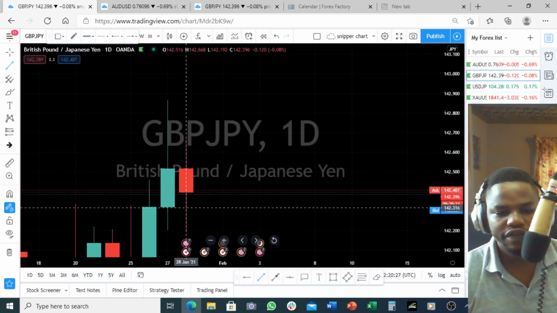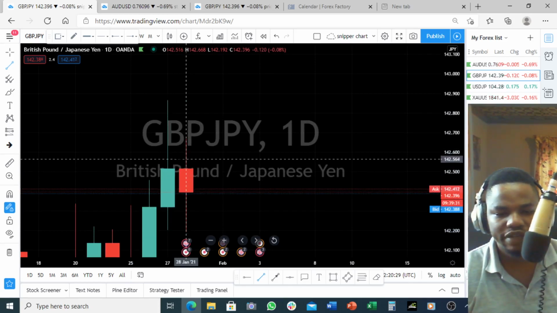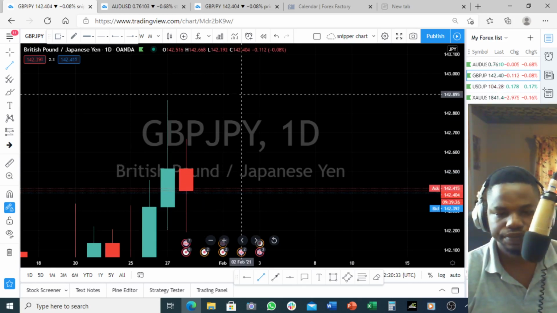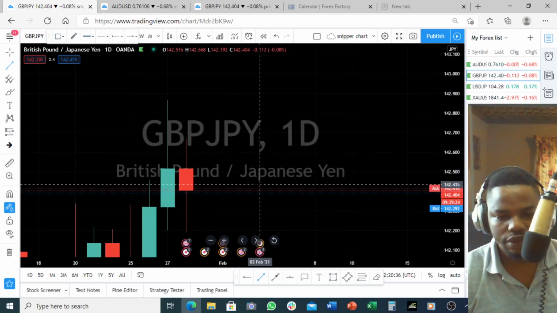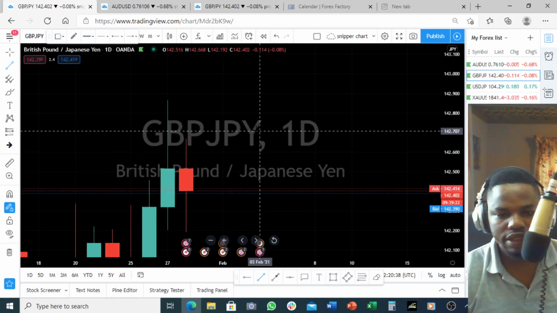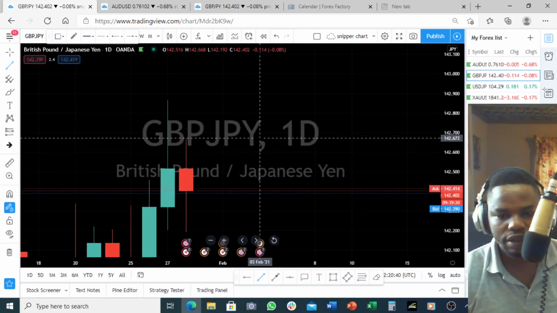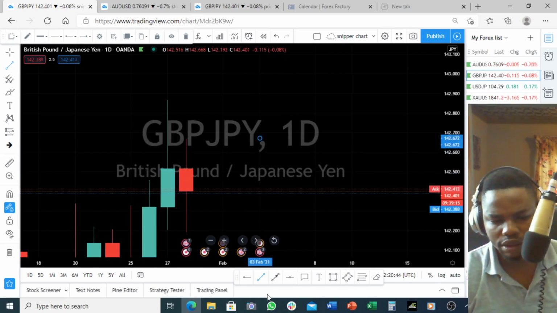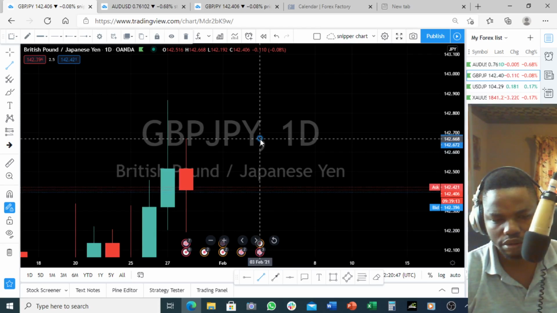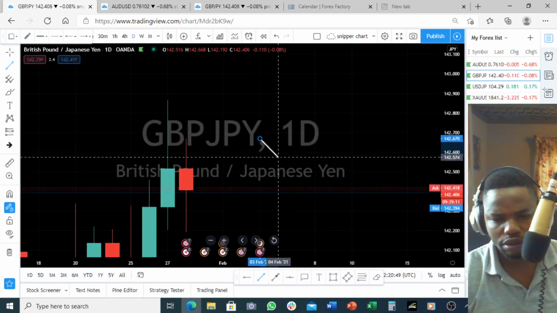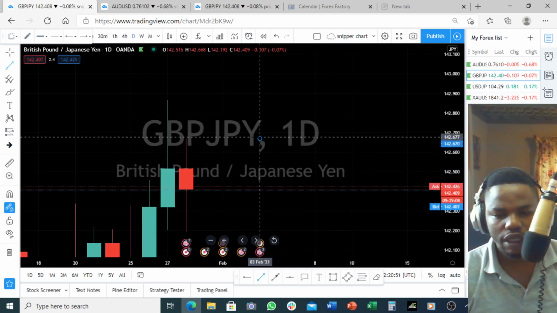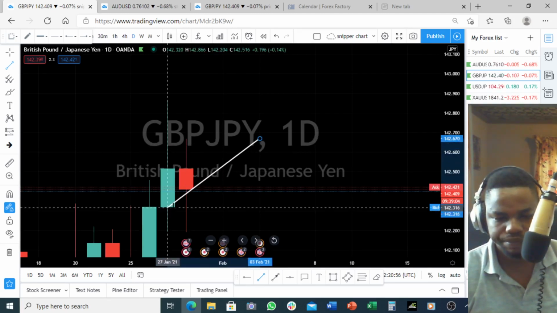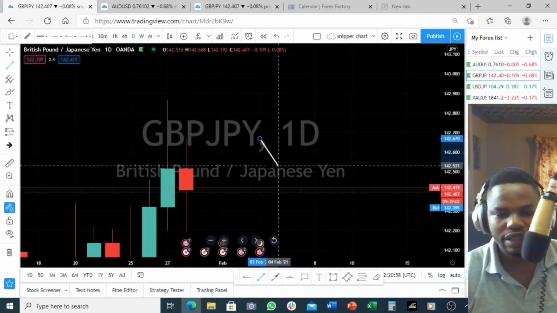It seems like we have a shadow down, we have candles, then we have a shadow up. For shadow down, it means that when the candle opened, it opened here. Okay, it opened and went down.